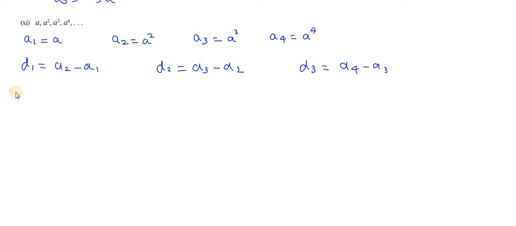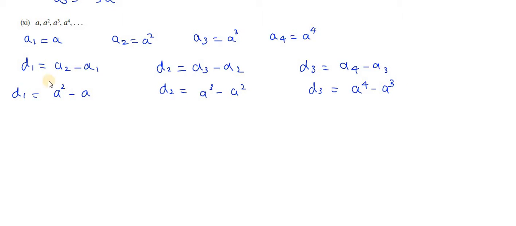So now d1 is a square minus a. Are you able to simplify it further? No. d2 is a cube minus a square. So then d3 is a to the power of 4 minus a to the power of 3. Are you able to simplify it further?